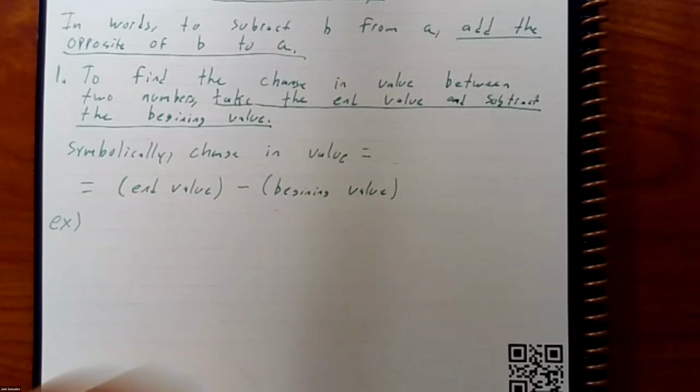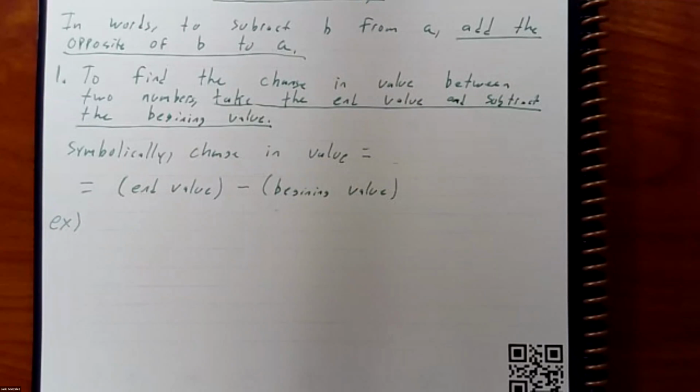Okay, so it says a jet pilot flew her plane from an altitude of 30,000 feet to an altitude of 12,000 feet. What was the change in altitude? What was the difference?